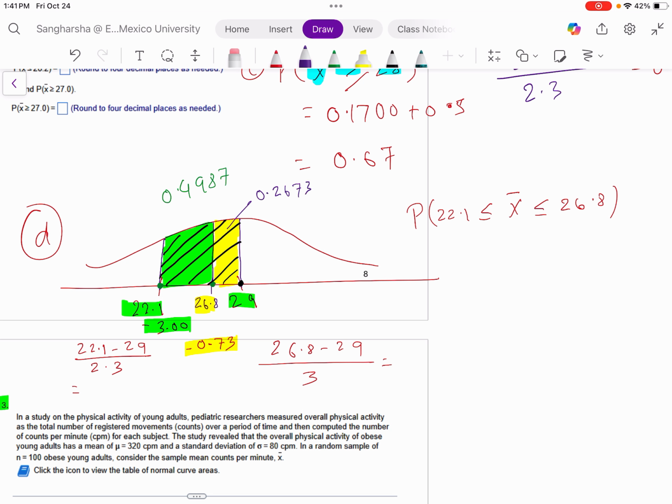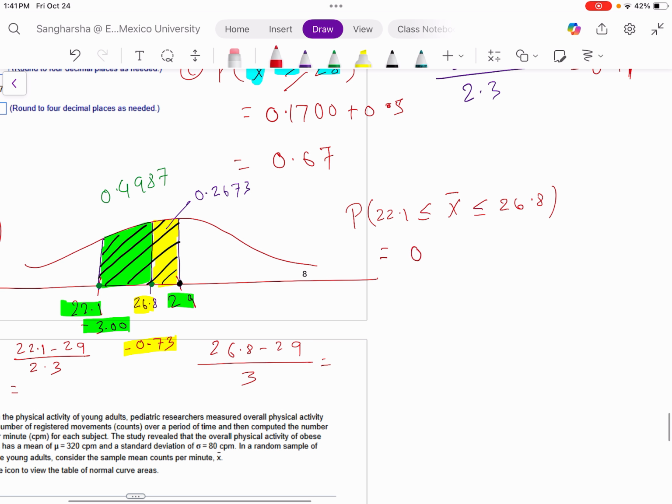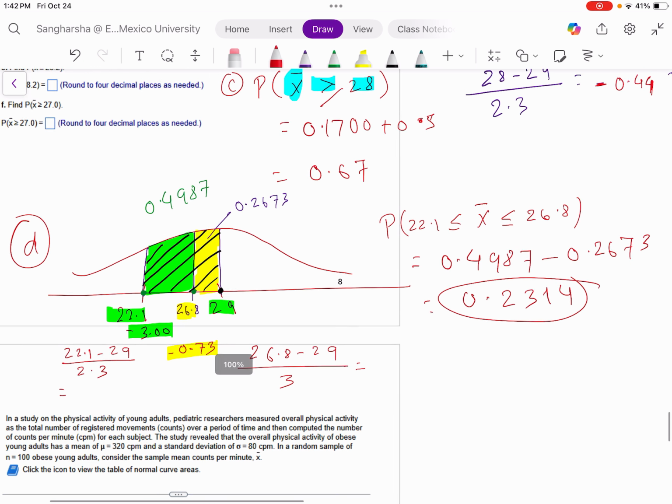Our target is finding the area of the green region, which is the difference of 0.4987 minus 0.2673, and the difference is 0.2314. So this is for part D.